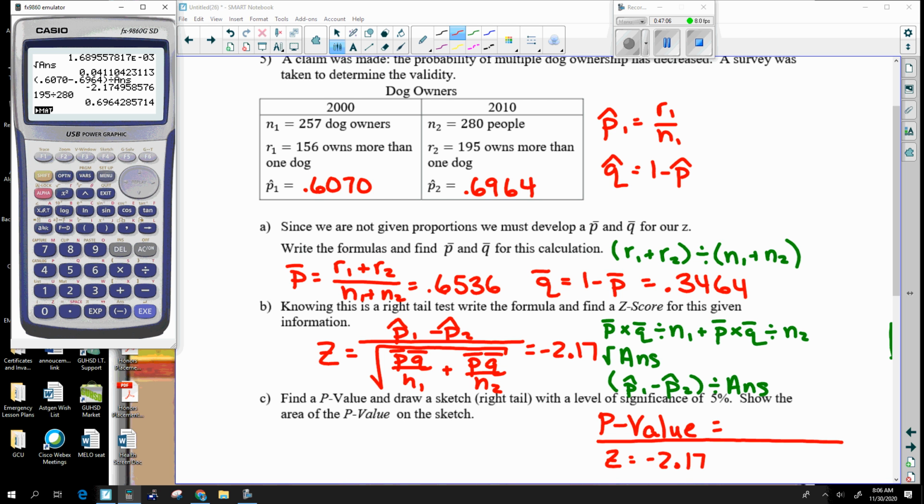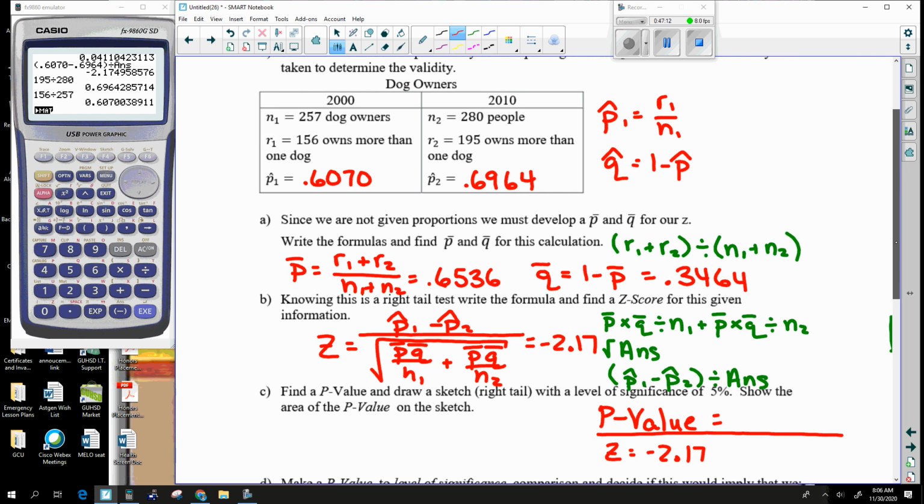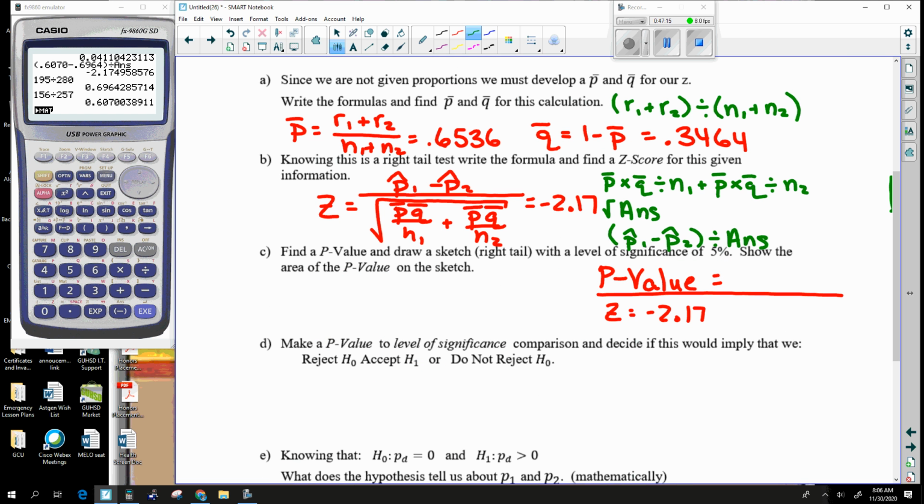All right, yeah, same idea. I'm sorry. I think I miswrote this question. It's all the same stuff, but this is going to be a left tail. I apologize. This is a left tail.